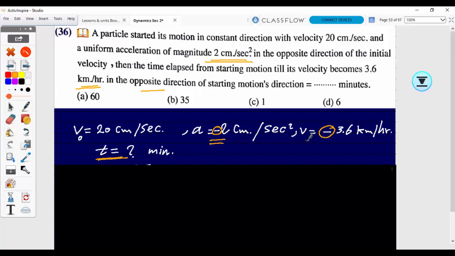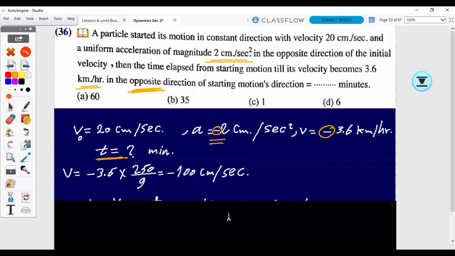Also, v equals negative 3.6 kilometers per hour. Why is the sign negative? Because its velocity becomes 3.6 kilometers per hour in the opposite direction of the initial velocity. Its sign is negative. Okay.